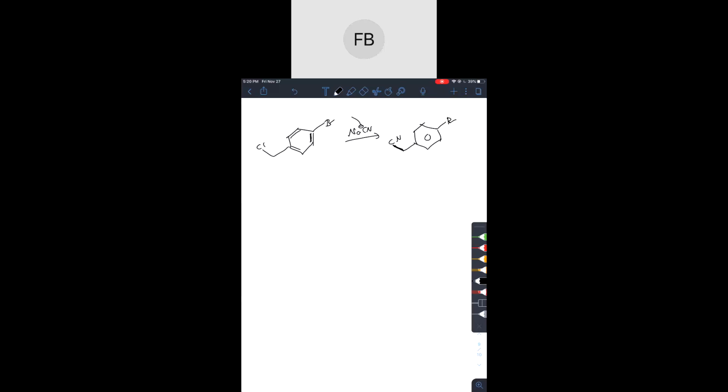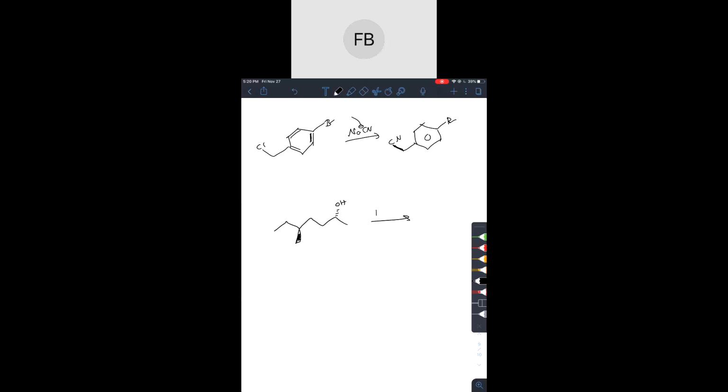Substitution, okay, elimination. Let's try this one. I'm going to go through D right now. So we've got this, and it's reacting with TsCl, pyridine, and DMF, but it also has NaN3.